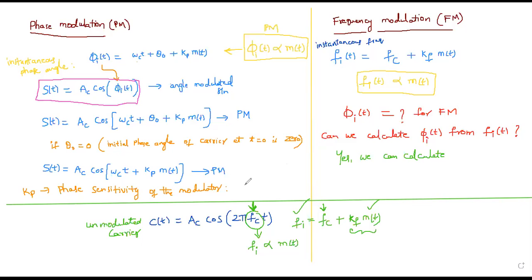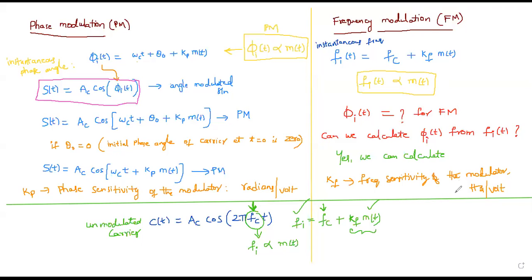It is measured in radians per volt. And similarly, kf is the frequency sensitivity of the modulator. And what are the units? The units are hertz per volt. So these are the units for the frequency sensitivity.